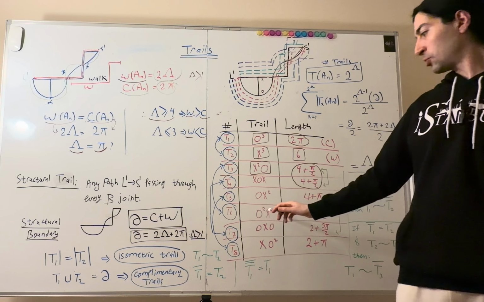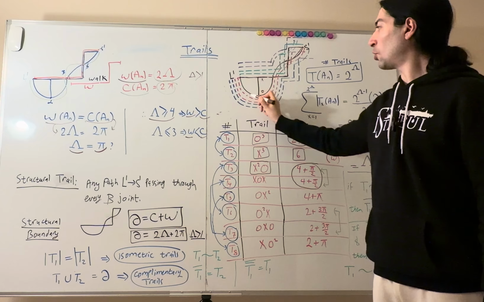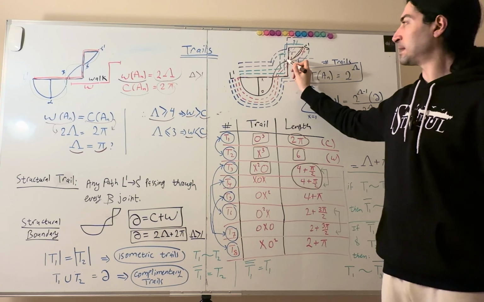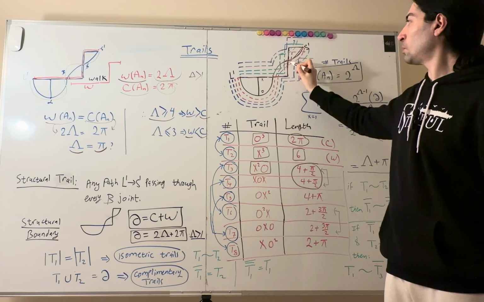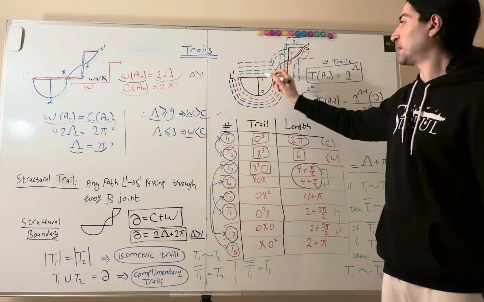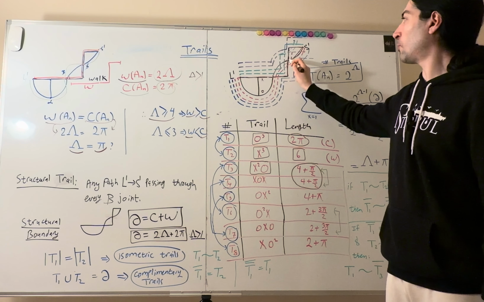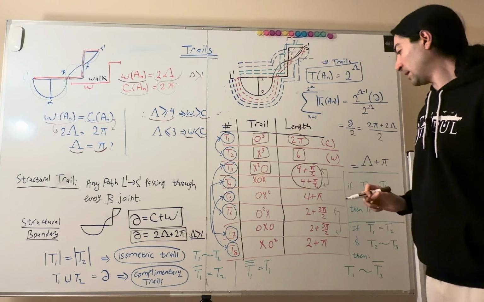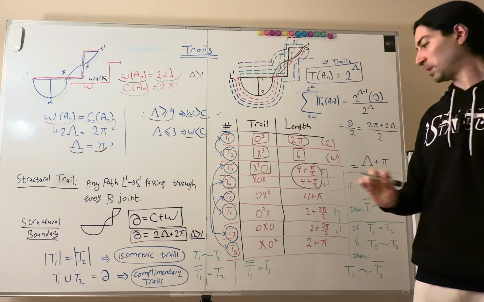Let's look at O squared x. So this will be O plus O, plus an x here, that's 2. No, sorry, that doesn't add up to pi. So that adds up to pi plus pi over 4 plus 2, plus pi over 2 plus 2. So that's 3 pi over 2 plus 2.